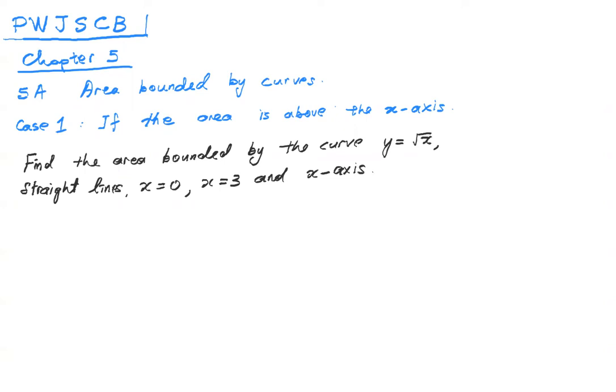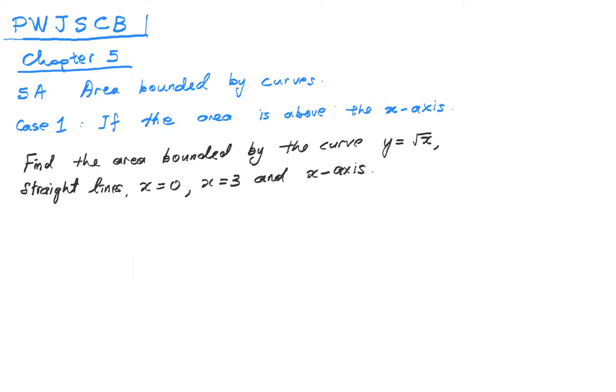Okay, so if they didn't give us where is the area, it's our responsibility to sketch the graph first. So what you can do is you can go to your graphic calculator, put in y1 as square root of x.